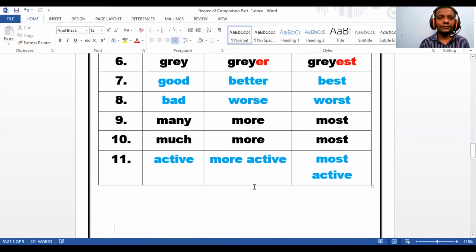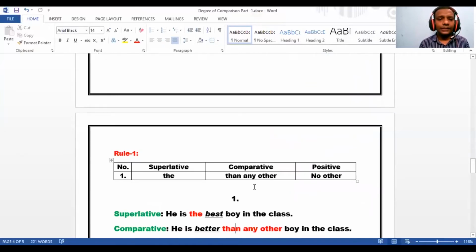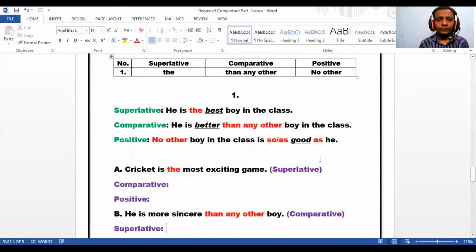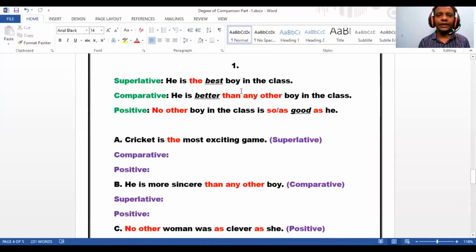Now look at the screen and rule 1. When you get the superlative, then you have to use comparative with than any other, and in positive you have to use no other. Look at number 1, superlative: He is the best boy in the class. Here we see that before superlative we have the, and I have colored it.